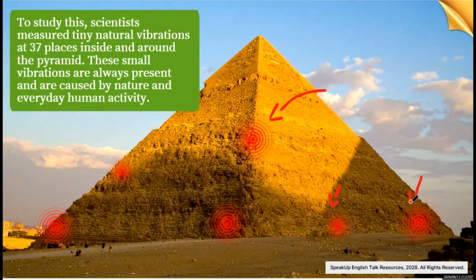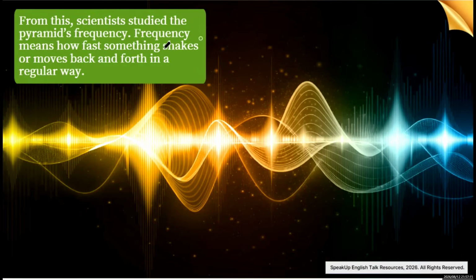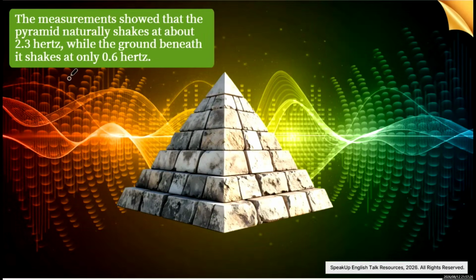Apparently there are these tiny vibrations, right, at different places of the pyramid. And also, I look at the term frequency. So what does that mean, right? Frequency means how fast something shakes or moves back and forth. So apparently the pyramid naturally has a frequency of about 2.3 hertz, but the ground itself also shakes naturally at a different rate of frequency, which is 0.6 hertz.